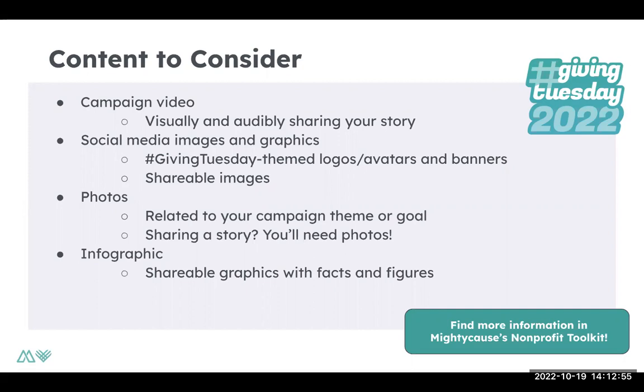Also overall photos of your organization, the impact that you're doing, maybe a particular story about your nonprofit, as well as infographics that include shareable facts, such as how many backpacks you provided students or how many animals you rescued. Again, we'll go into more detail about each social platform and the type of content to consider for those.